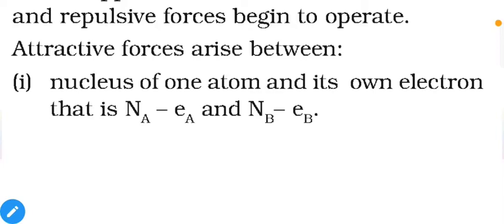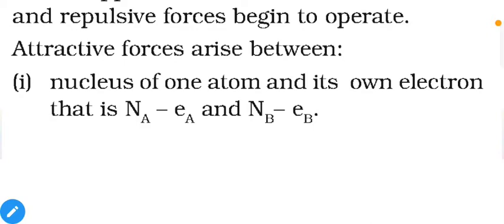So first of all, we can consider the attraction produced between the electron and nucleus of the same atom. The first atom of hydrogen attracts its own electron towards the nucleus. Similarly, the electron and nucleus of the second hydrogen will attract each other.